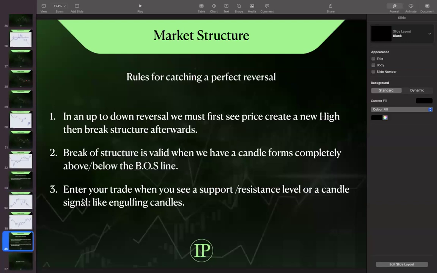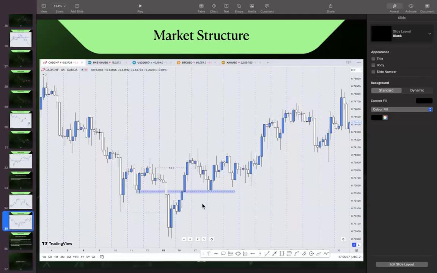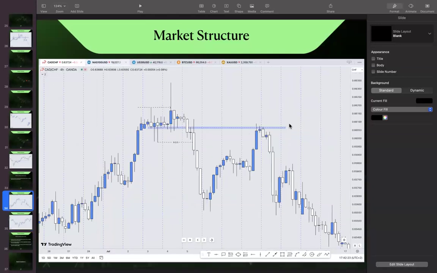Okay, so number 3. Enter your trade when you see a support or resistance level or a candle signal like the engulfing candles, okay? Just like I explained right now, you will wait for price to pull back to a point of interest. It can be support and resistance.